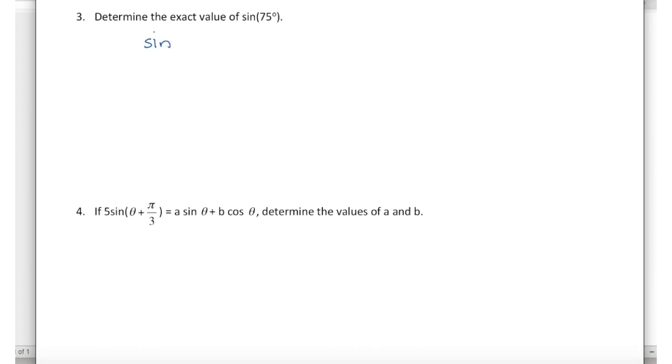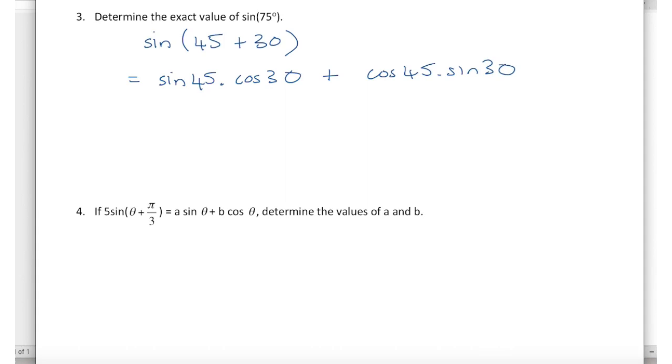I know sine 75 is 45 plus 30, which means I can use the angle sum identity for sine, which is the sine of 45 times the cos of 30 plus the cos of 45 times the sine of 30. Well, this tells me that I can simplify this because I've now got my trig exact values.